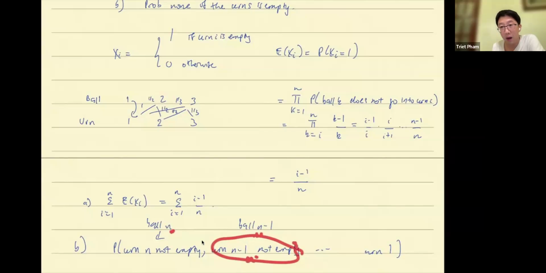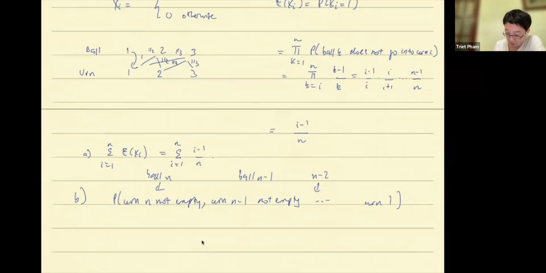But if ball n has already been forced to go to urn n, then the only thing left is ball n minus 1 to urn n minus 1. And if you carry that out further, then that's ball n minus 2 going to urn n minus 2, etc. So does it make sense?